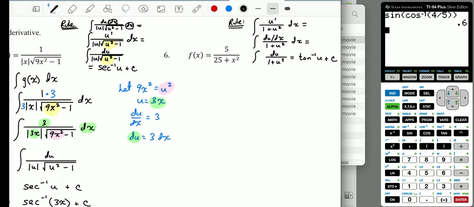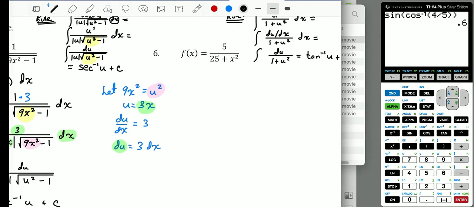All right, so the first thing I'm going to do here, because I would really love this 25 to be a 1, is factor out a 25. So 25, and when I divide each of these terms by 25, I get 1 plus 1/25 x squared, and then I'll have that 5 up top, which can be simplified.